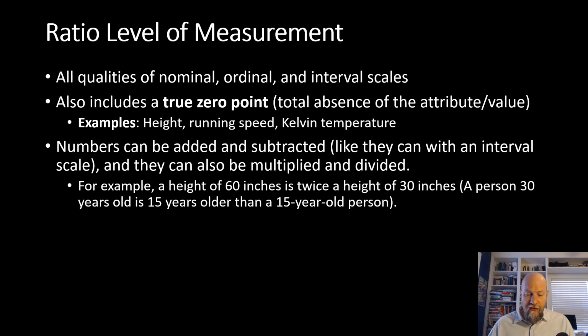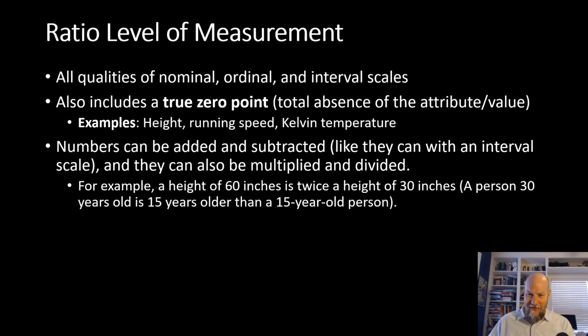So the ratio level of measurement, again, has all the qualities of the ones that precede it: nominal, ordinal, and interval scales. But what distinguishes it is that it does have a true 0 point, which represents the total absence of that attribute or value. Height, for example: something can have a height of 0 if it's entirely flat.